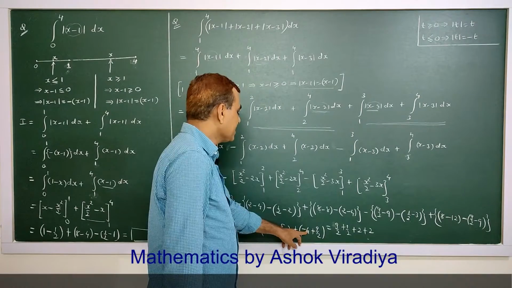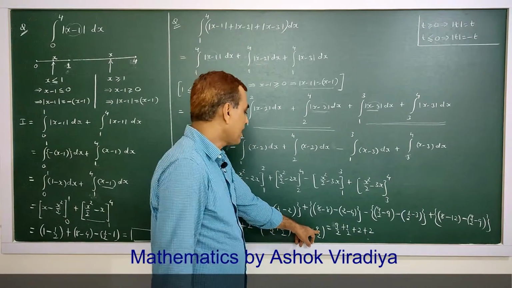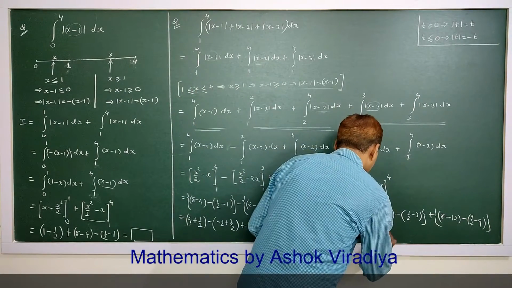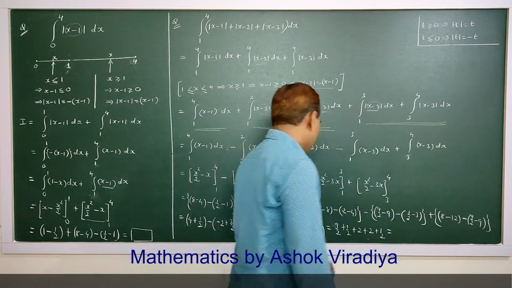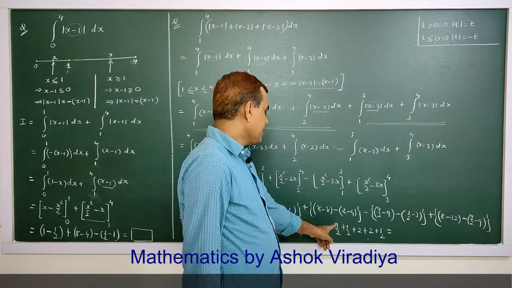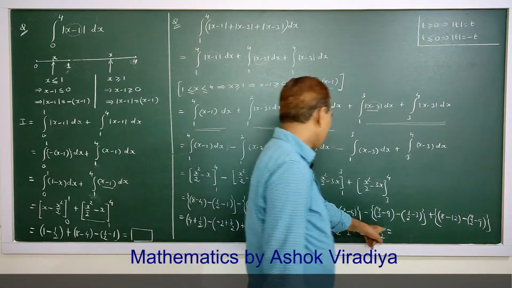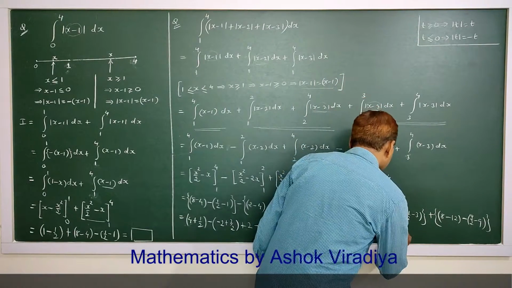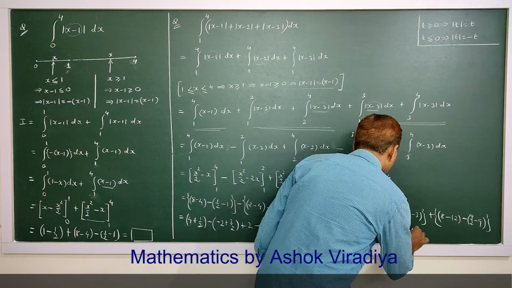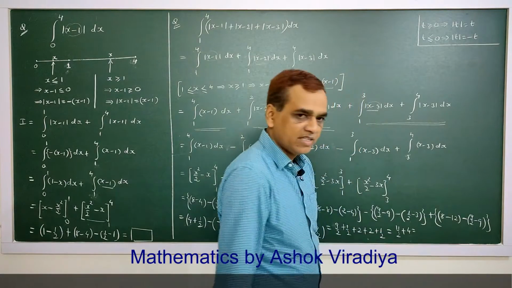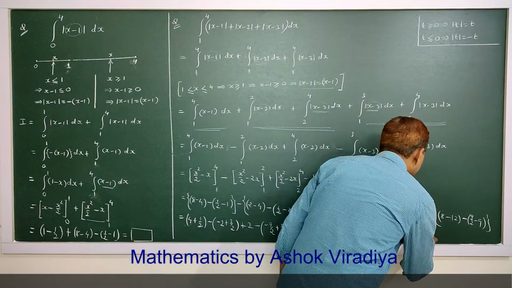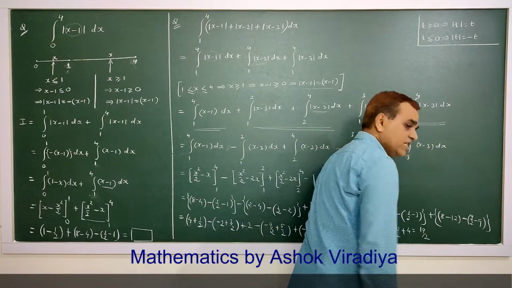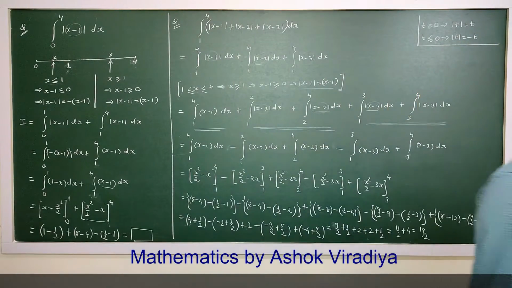This will be minus 8 plus 9, 1 by 2. So it is equal to 9 plus 1, 10 plus 1, 11 by 2, plus 4. 4 into 2, 8. 11 plus 8, 19 by 2. So the value is 19 by 2.